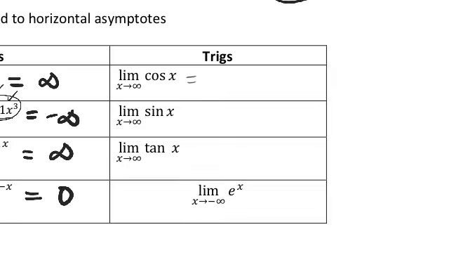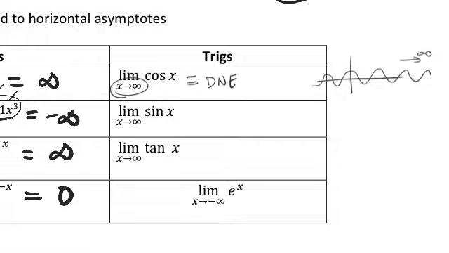Cosine x, if you think of that as x goes to infinity, cosine just keeps on doing oscillations, right? So no matter how much you go out there, it's not going to have any kind of settling. It's not going to settle down to any number. Neither is it going to go to infinity. So this we would have to say is a DNE. Same thing with sine x, right?